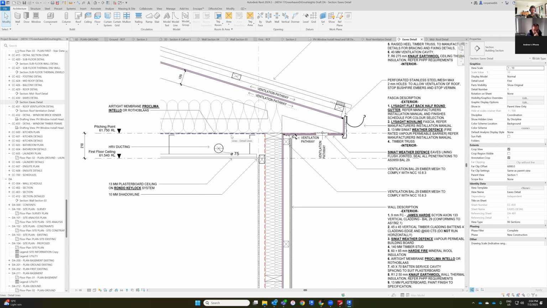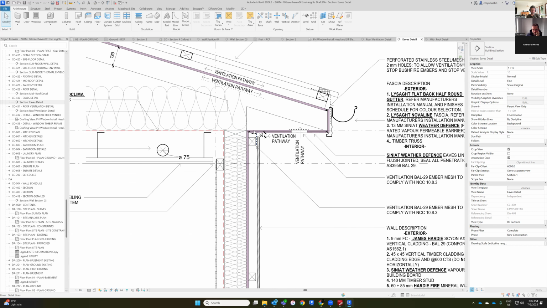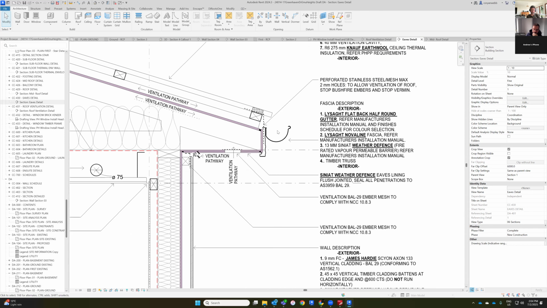And to try and maintain the longevity of your wall, we make sure that there's air venting behind the cladding as well. So we've got stainless steel ember mesh at the top of the cladding and a 25mm gap. And then in the eave gutter, we use a similar sort of product there to get the ventilation through the mesh.